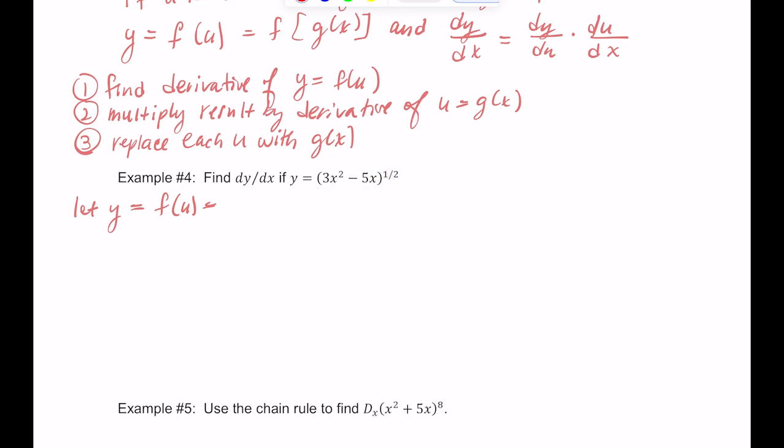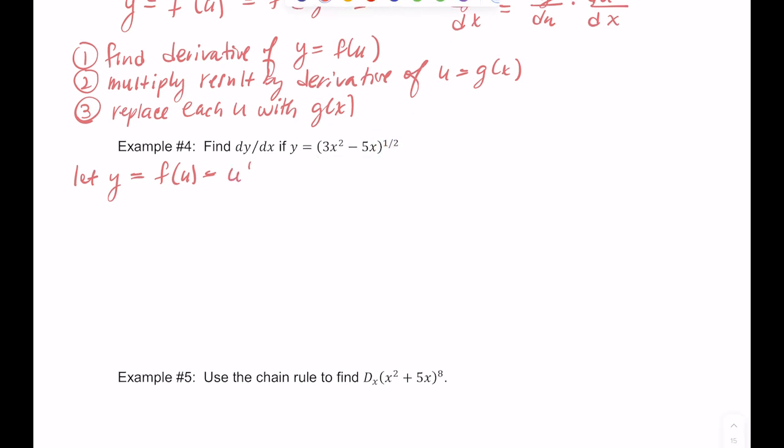So it's just u to the 1/2 power. Then we're going to let u equal g of x, that actual function. So we've got 3x squared minus 5x. That's really what u is equal to.